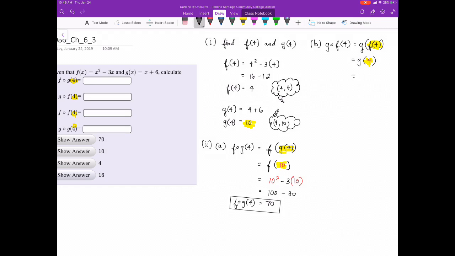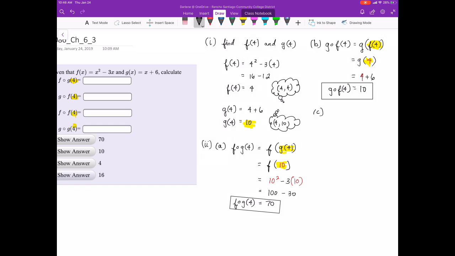Well, that's not too bad because I also found that previously, right? That's just 4 plus 6, which is 10. So this means that g composed of f of 4 is just 10. So the trick to these is really just rewriting it using its definition and then replacing that inner value with what f of 4 or g of 4 is and then putting it into the function.